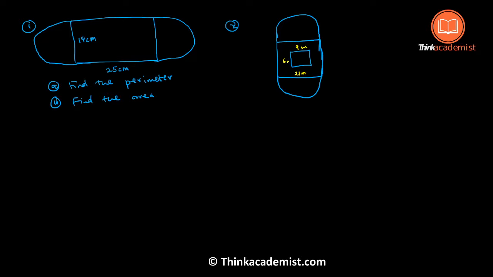Then again, if it's centimeters and meters, you just have to change the meters to centimeters and then you use it to do your calculations, okay? And then, I'm not going to write for this part because this is 21 and it applies for all of them. But all I need to do is to give 20 meters over here. So that's the shape. This one, they are saying that find A, the perimeter.